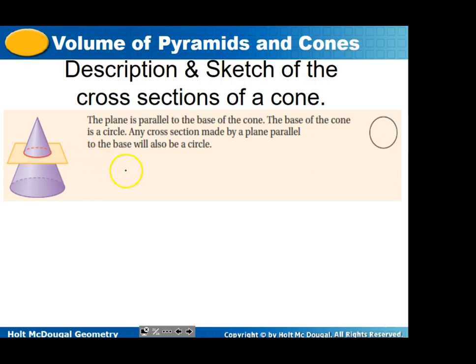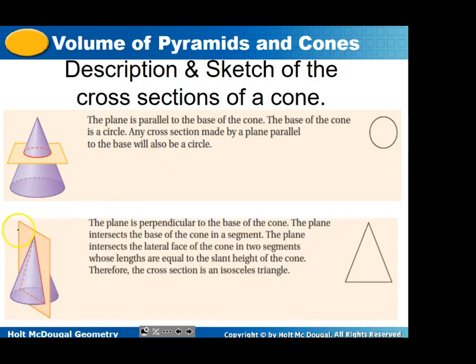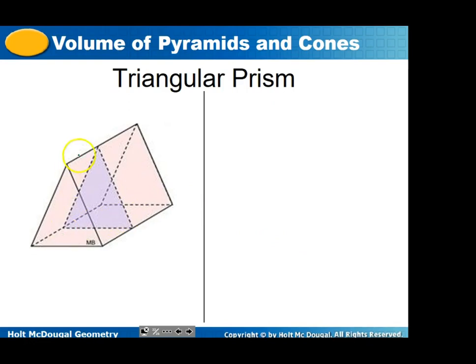horizontal to its base, then we are going to see that the shape that is the cross-section is a circle. If we do it vertical, perpendicular to the base, then we're going to get a triangle. Here, if we do it vertically, perpendicular to the base, again, we're going to get a triangle.